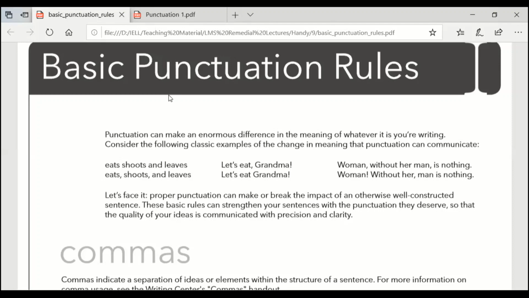While the second sentence is emphasizing the importance of women, saying without her, a man is nothing. So the sense is completely opposite. In the first sentence, a woman needs a man, and in the second sentence, a man needs a woman. So we see the punctuation marks are literally very important to bring an accurate sense to the writing and make it clear what we want to say.